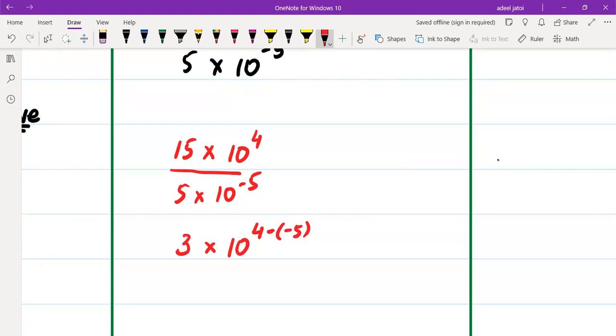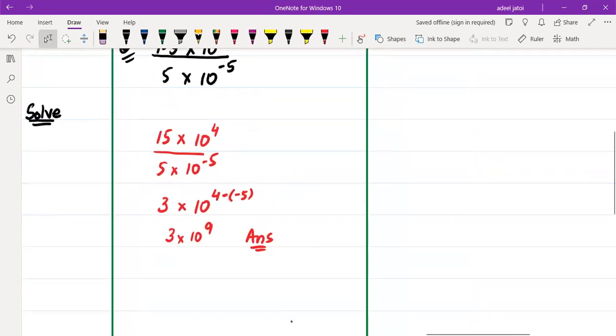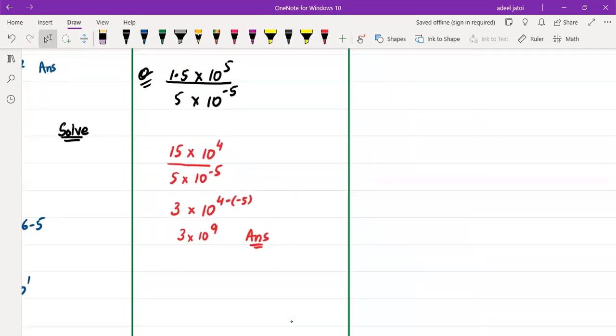Because when bases are same, powers are subtracted, but we already have a negative power in the denominator. So that means this should be 3 into 10 to the power 9. So your answer would be 3 into 10 to the power 9, for the question 1.5 into 10 to the power 5 divided by 5 into 10 to the power negative 5.